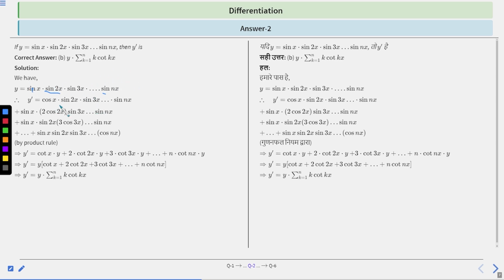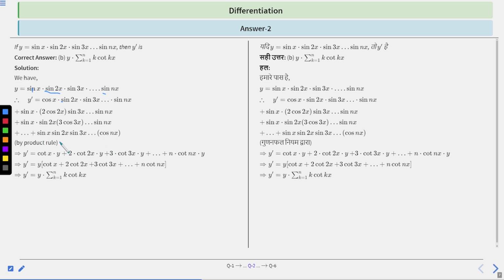So y dash can be written as cos x into sin 2x into sin 3x till sin nx, plus sin x into differentiation of sin 2x, which is 2 cos 2x, into sin 3x till sin nx, plus sin x into sin 2x, and differentiation of sin 3x is 3 cos 3x, till sin nx, right?